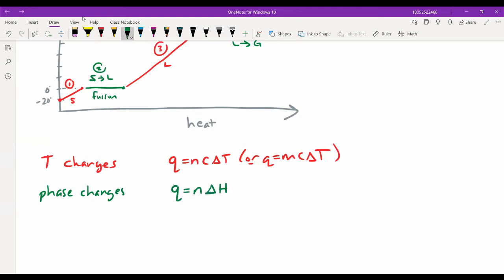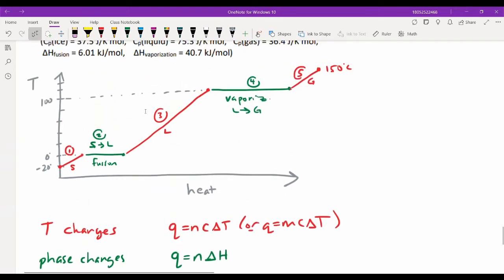So for Q, in this total process, it's going to be Q1 plus Q2 plus Q3 for each step. So step 1 will be temperature change. And then step 2 would be phase change, and then temperature change, phase change, then temperature change.